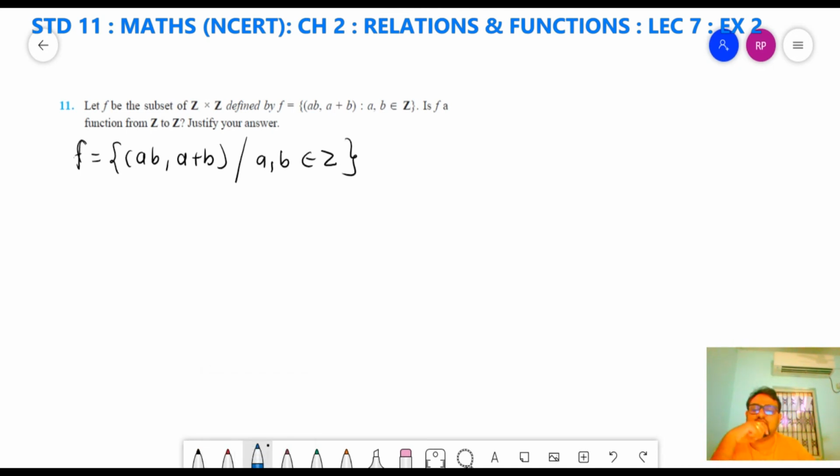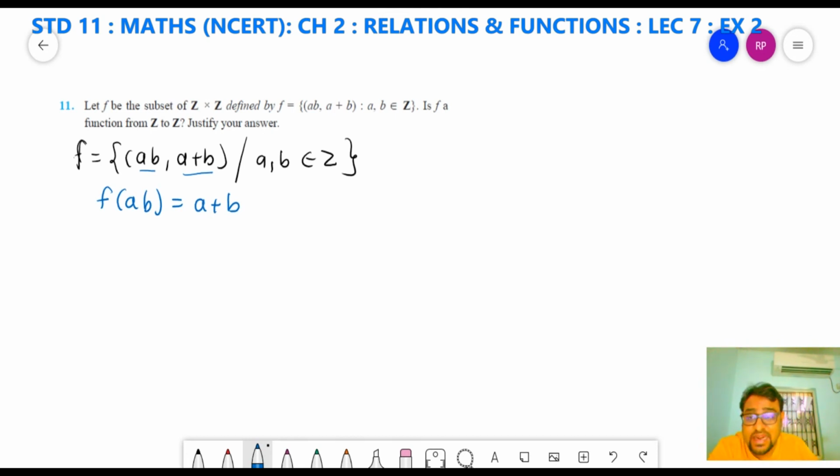Now see, we have seen earlier that if this is x, this will be f(x), right? So I can write it down f(ab), that is equal to a + b. Now the question is to Z.